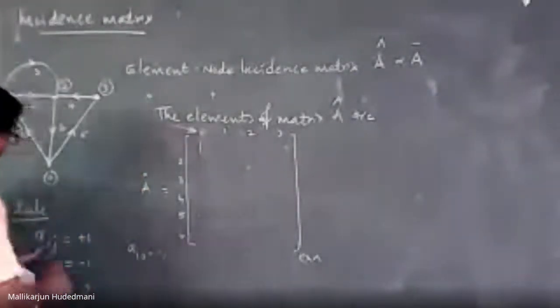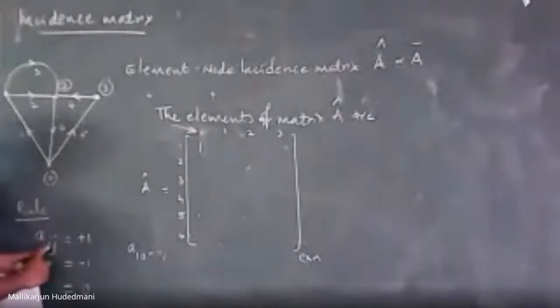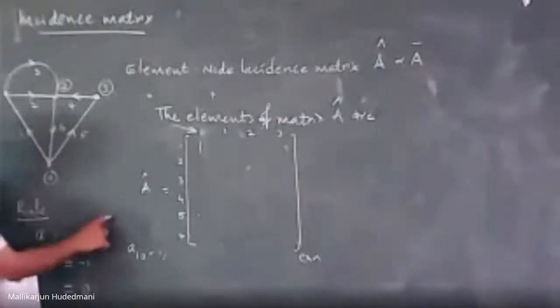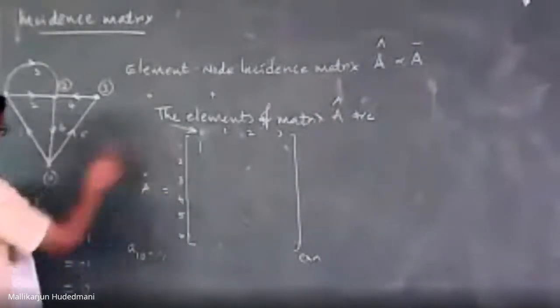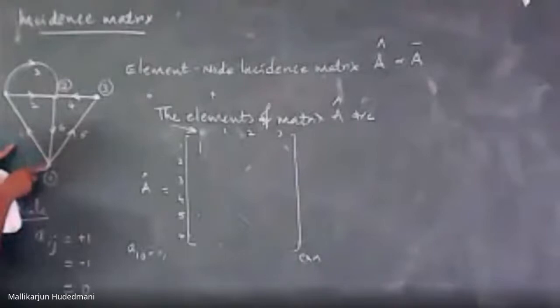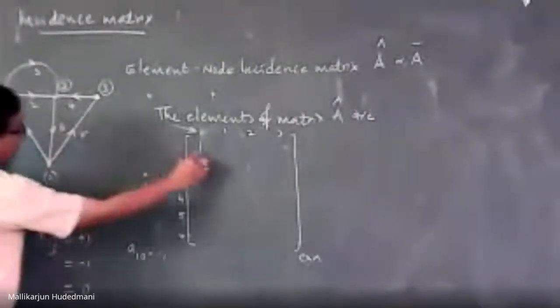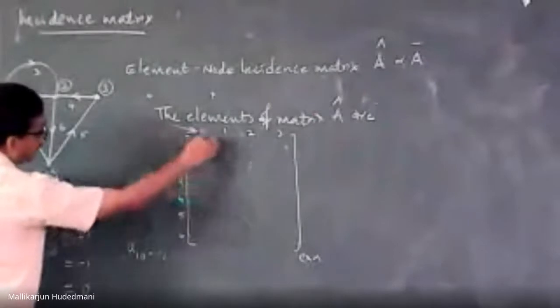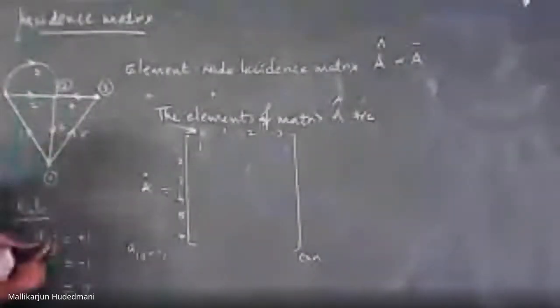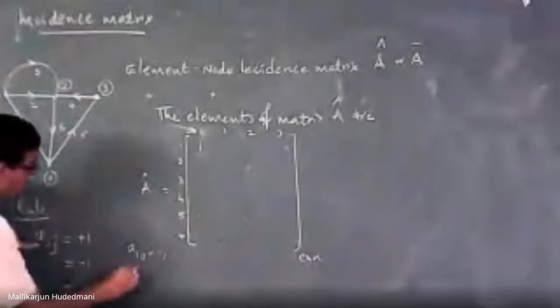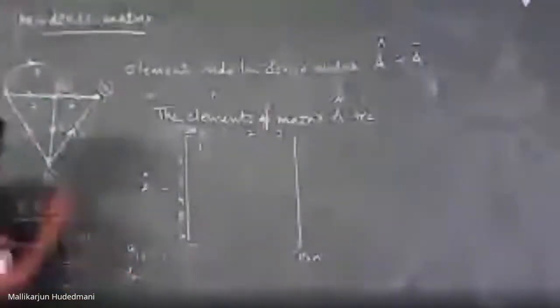Okay. Aij, when I have the ith element incident to the jth node and oriented away from that, is +1. For example, element number 1 is connected to bus number 0, oriented away, and its representation will be +1 over here. How about bus number 0, element number 2? A20. No way it is connected.